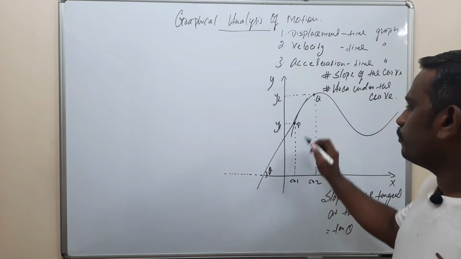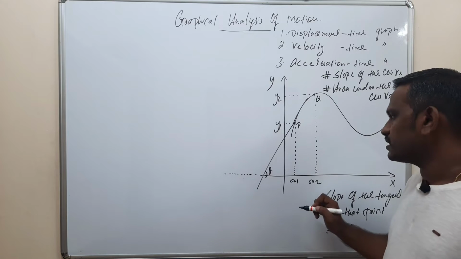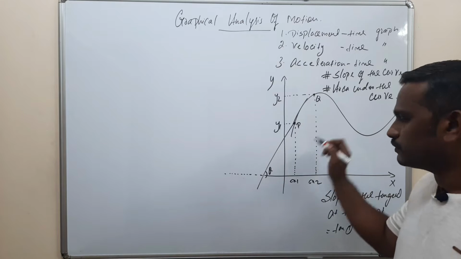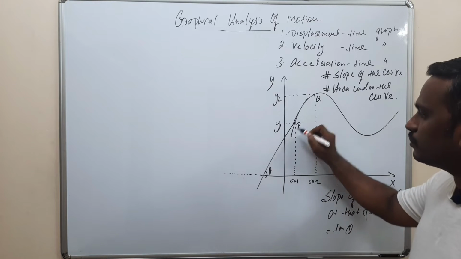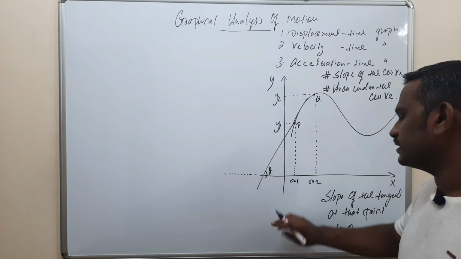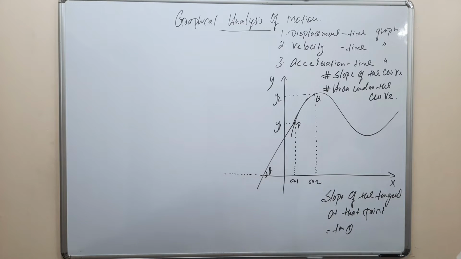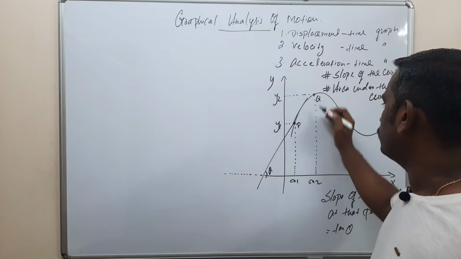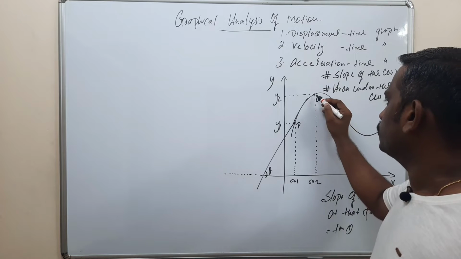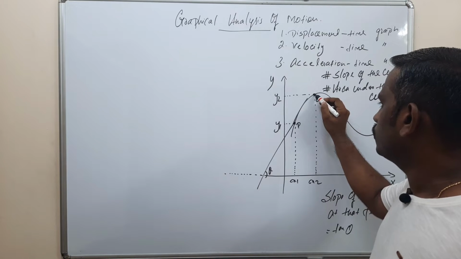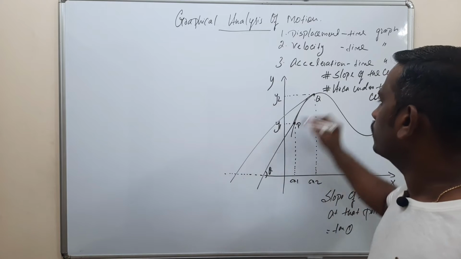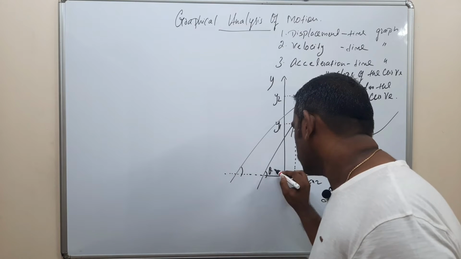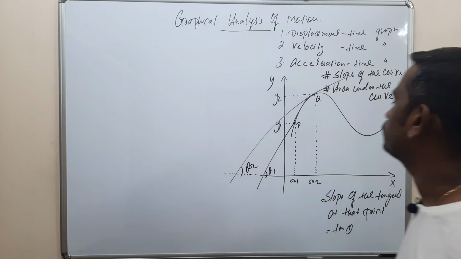Anyway, the slope of the curve at this point P is nothing but the slope of the tangent drawn through that point, which makes an angle theta with the horizontal x-axis. So that is equal to tan theta. In the similar way, if you want to find the slope of the curve at the point Q, draw a tangent through Q. It makes an angle, this is theta 1, this is theta 2.